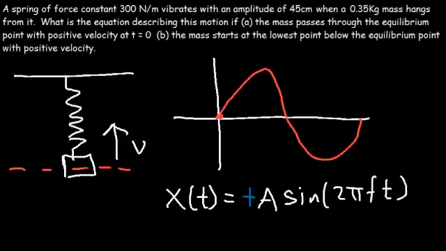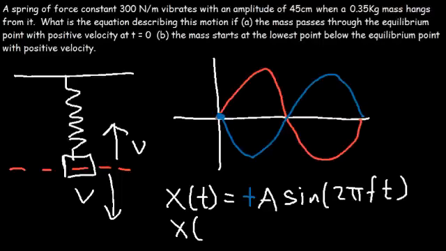But let's say part A was different. Let's say everything was the same, the mass passes through the equilibrium point but with negative velocity, meaning that it's going in a downward direction. I'm going to graph it in blue. So in that case, it starts at the equilibrium position, that is the origin, but it's going down and then up. So the blue sine wave would represent this function.